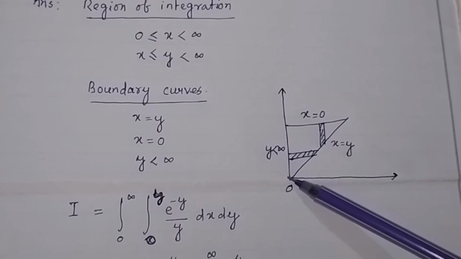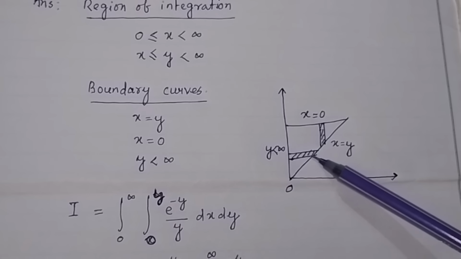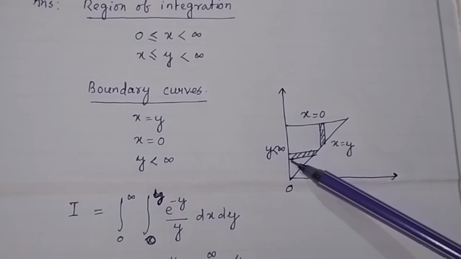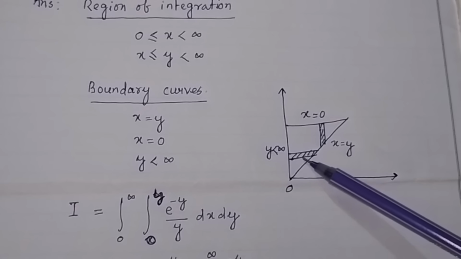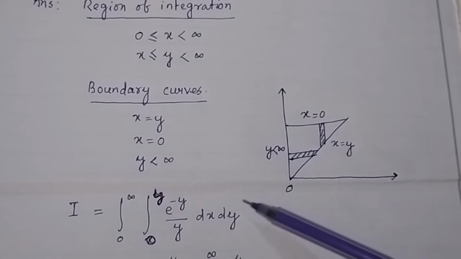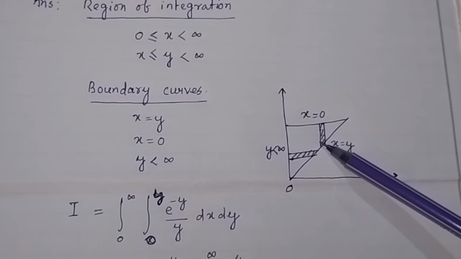The x value is from 0. If this is the strip, you see the value of x is from 0 to the y value, this value. So the limits of integration will change. Here y is from x to infinity.